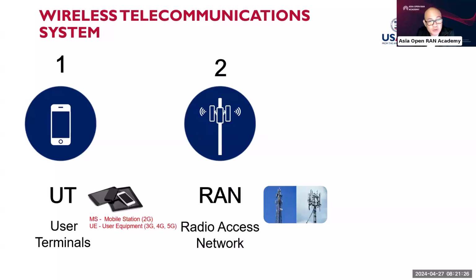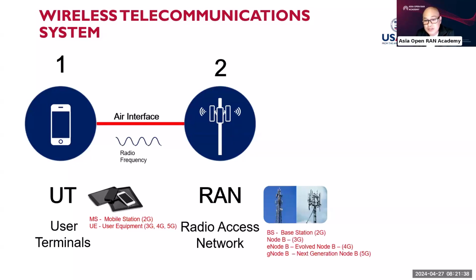In common terms, the radio access network is also known as the cell site. The RAN also has different names depending on the type of technology. If it's 2G, we call it the base transceiver station or BTS.